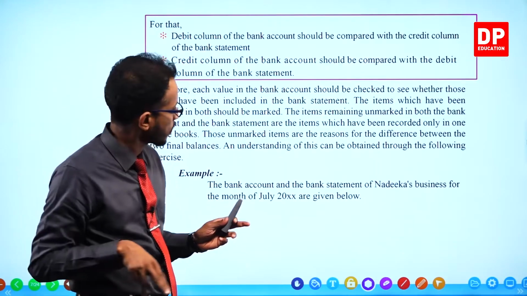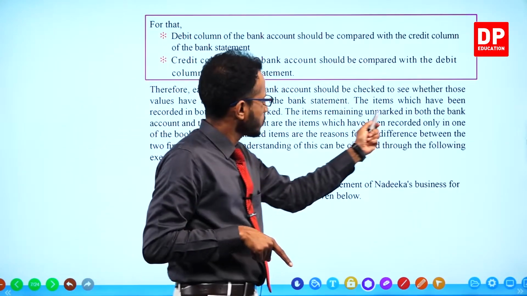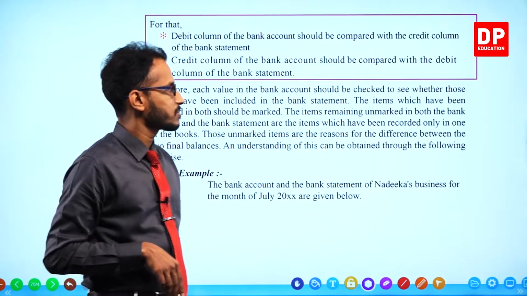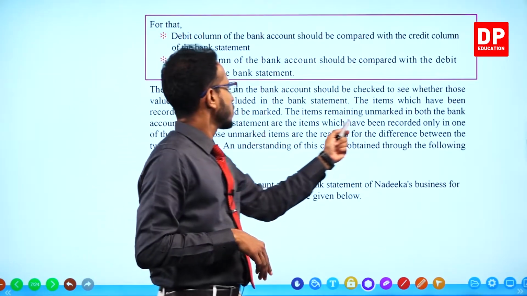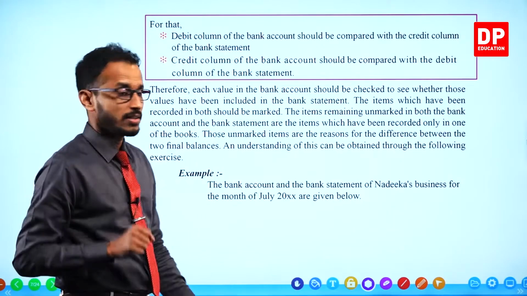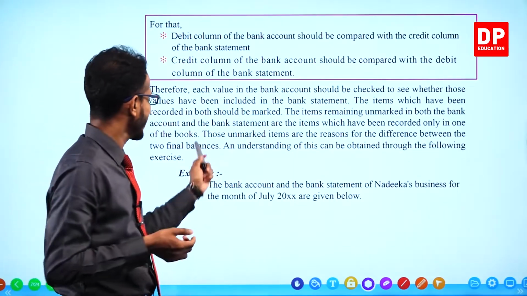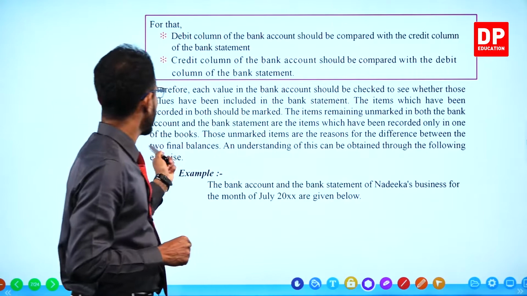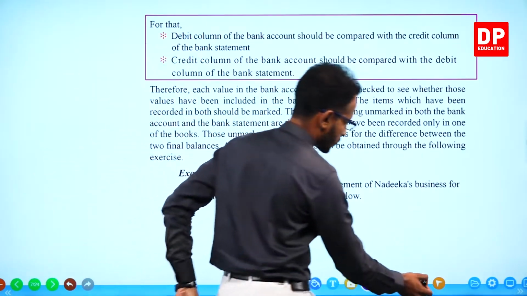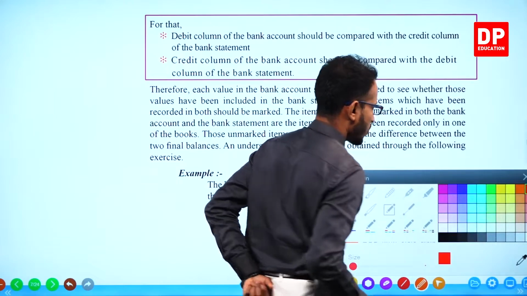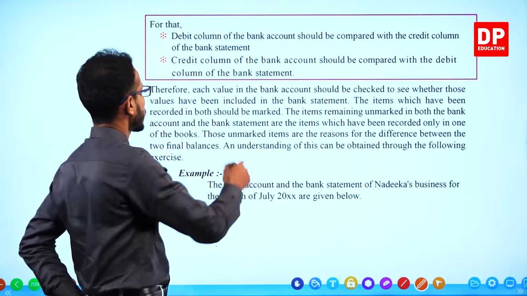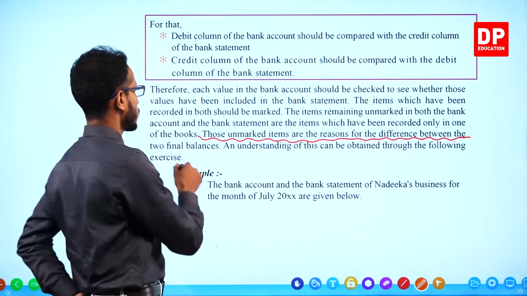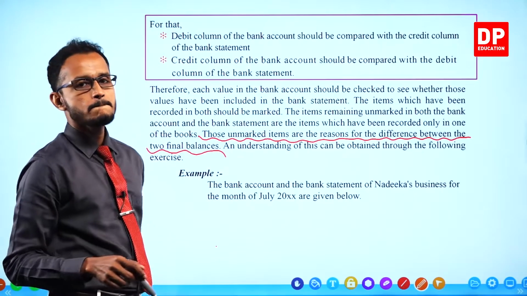Items remaining unmarked, unticked, are the missing items, which have been recorded only in one. Those unmarked items are the reasons for the difference between the final balances. All right, so this is where we are coming at.